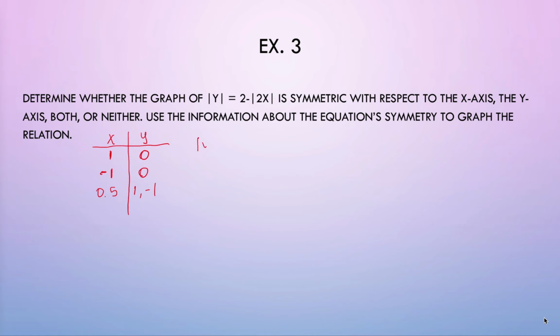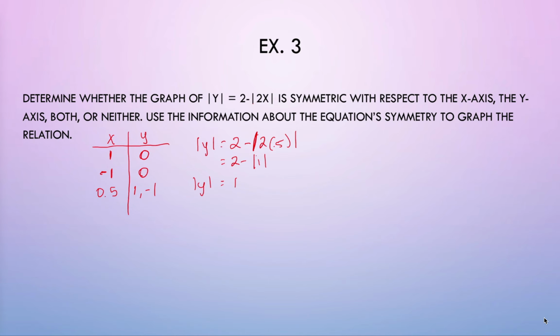So the absolute value of y equals 2 minus the absolute value of 2 times 0.5, which is 2 minus the absolute value of 1, which is 1.